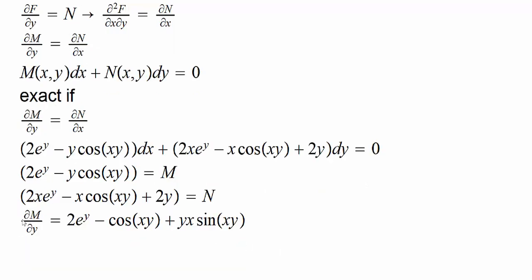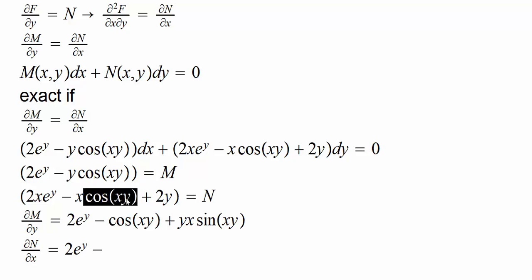If we look at the partial derivative of N with respect to x, we are differentiating with respect to x, treating y as a constant, so we again get 2 times e to the y, and then we use the product rule.